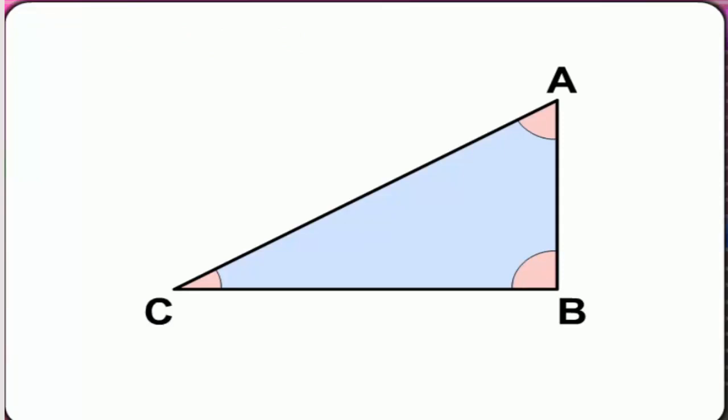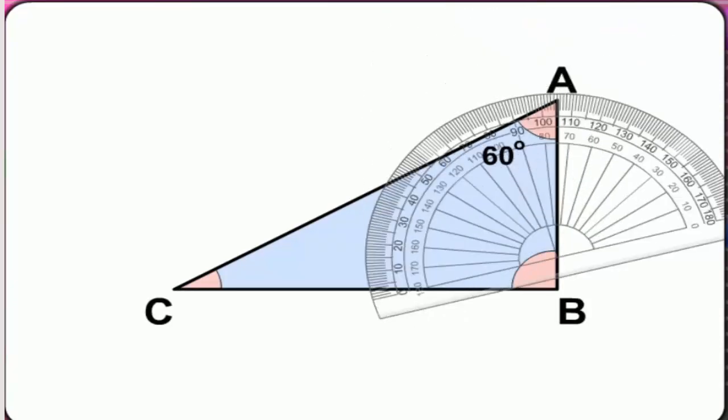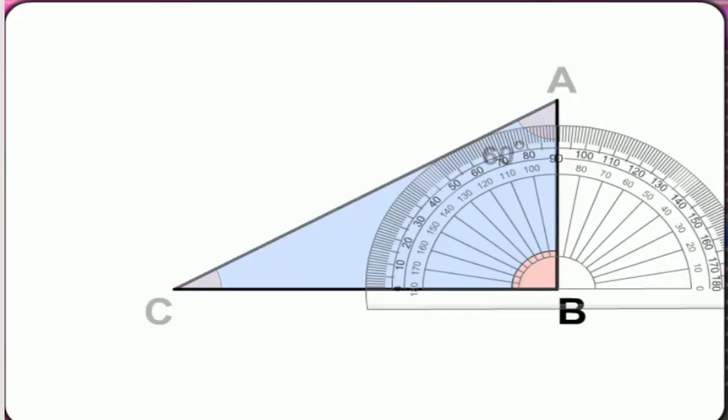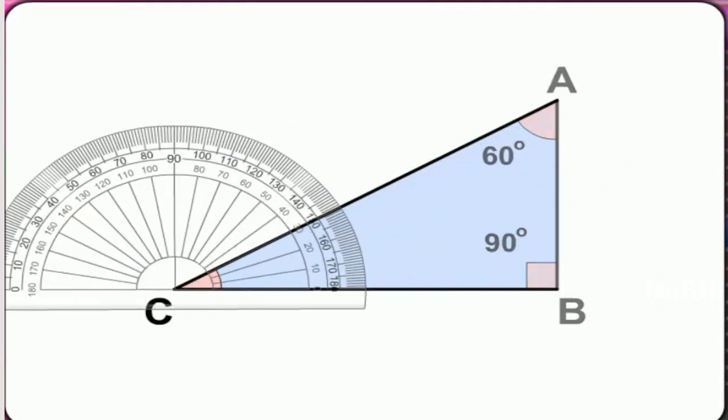Now let us measure these angles. The angle A measures 60 degrees. The angle B measures 90 degrees. And the angle C is 30 degrees.